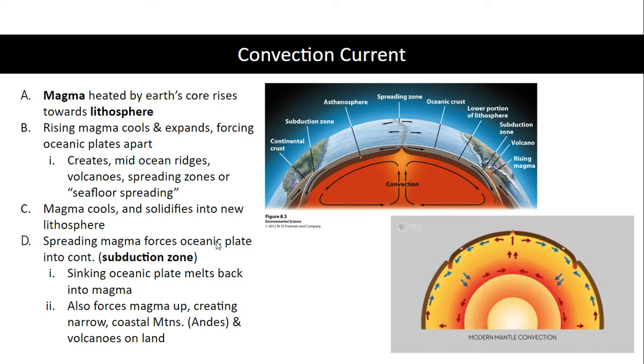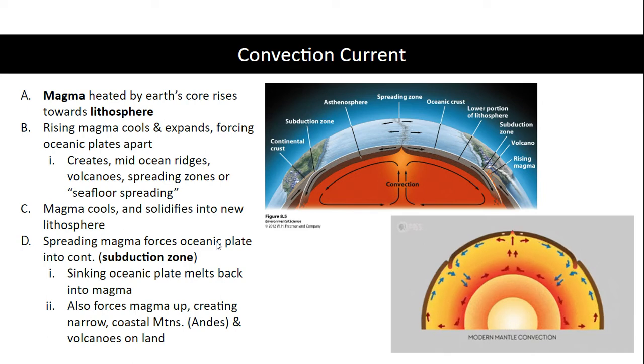Now, that spreading magma winds up forcing oceanic plates potentially into continental plates or land plates. This is where we wind up seeing what's known as a subduction zone. This is where two plates are going to be converging to one another. Because oceanic plates have more density, they're usually going to subduct downwards, while the continental crust typically is going to shift upwards.